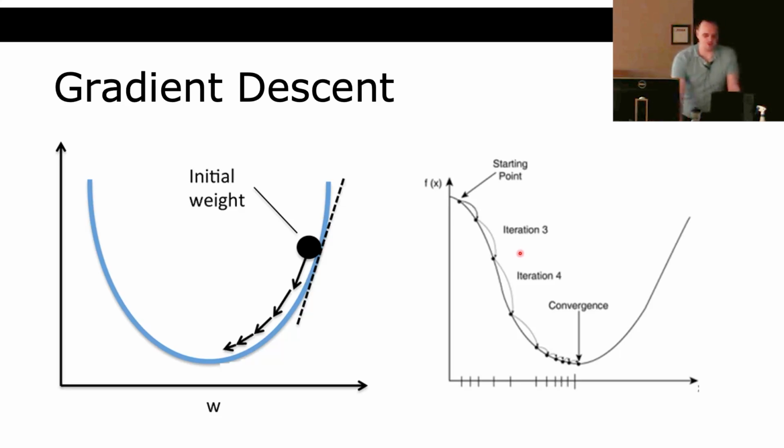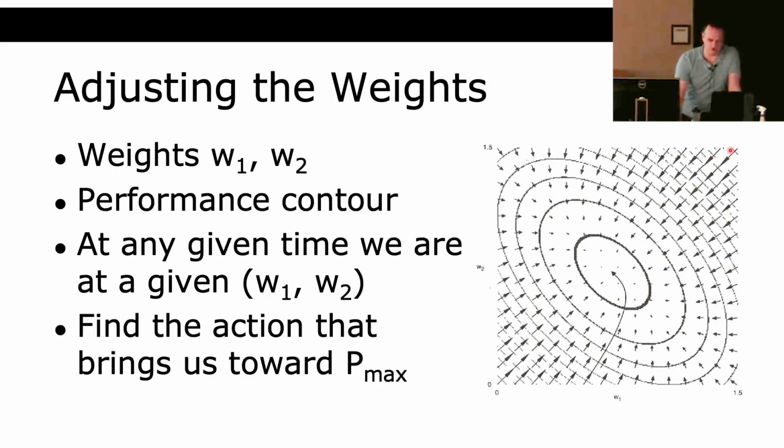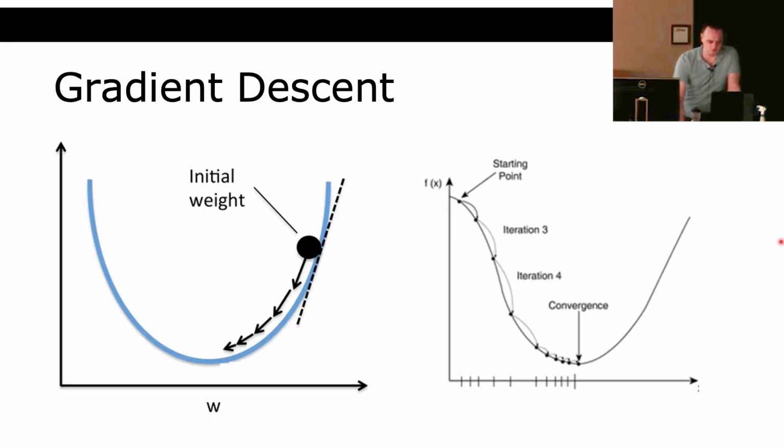And what gradient descent is trying to do, there will be no questions on the exam about gradient descent. I just kind of want you to know how it works without knowing all of the math. But basically, if we have a function, we are currently lying on some function. Like, for example, this was the 2D view of that. This is sort of the 1D view of this, where we're at a particular point. If we have this convex function, for example, we might be able to figure out the error between our approximated value and the actual value, and then find the direction that we should head in.